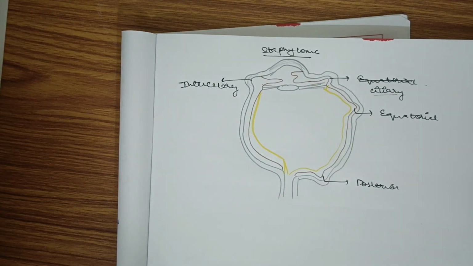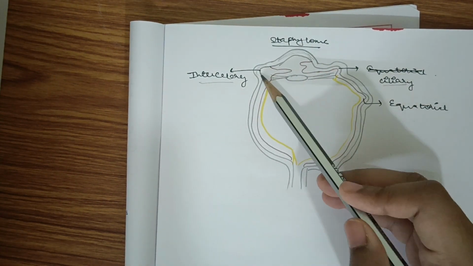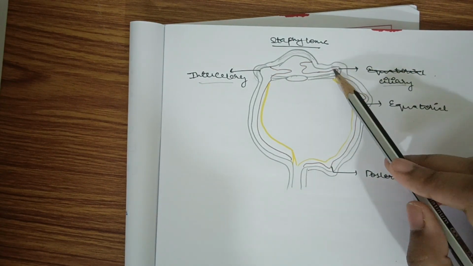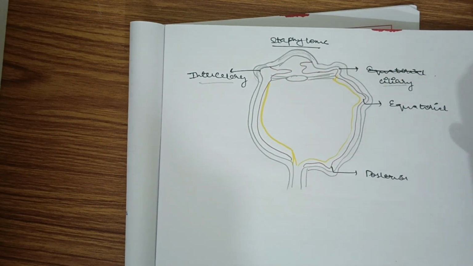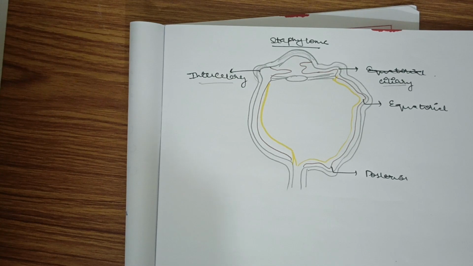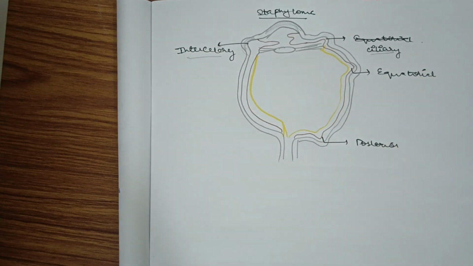So this pseudocornea is formed due to corneal perforation. This is intercalary staphyloma, which is present at the limbus of the eye. The ciliary staphyloma is present near the ciliary muscle, which is 2 to 3 millimeters away from the limbus. Equatorial staphyloma is present near the equator, whereas the posterior staphyloma is present behind the equator.